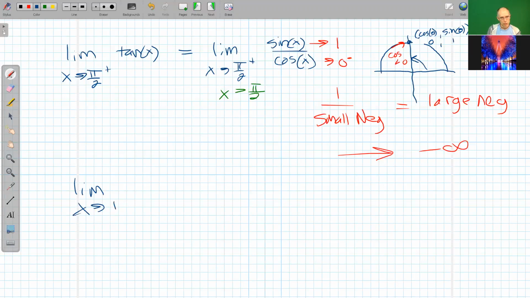As x approaches 3 pi over 2 from the bigger side, so that means x is a number that's greater than 3 pi over 2, the tangent of x, again, we get that negative infinity. And that's the definition of a vertical asymptote. The x approaches a fixed number and the y approaches infinity or negative infinity. So we have a vertical asymptote.